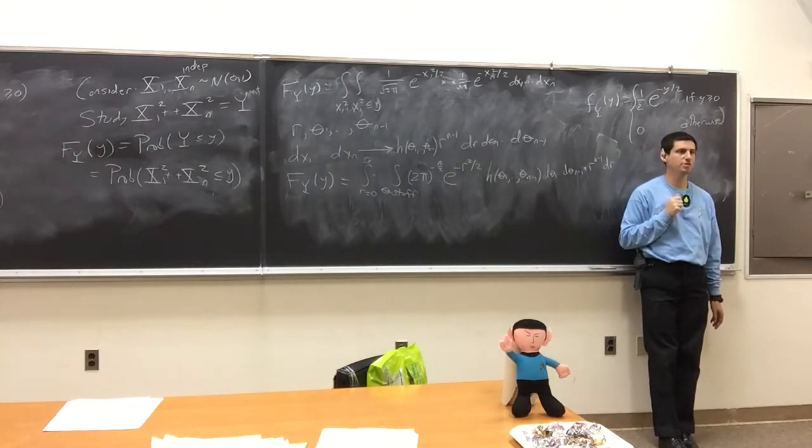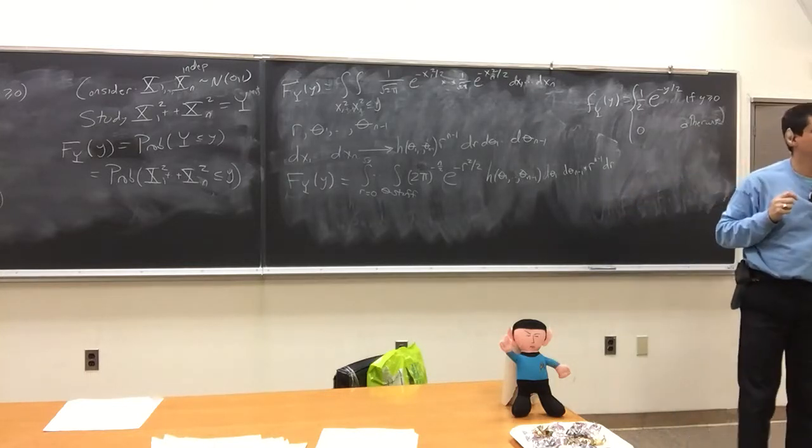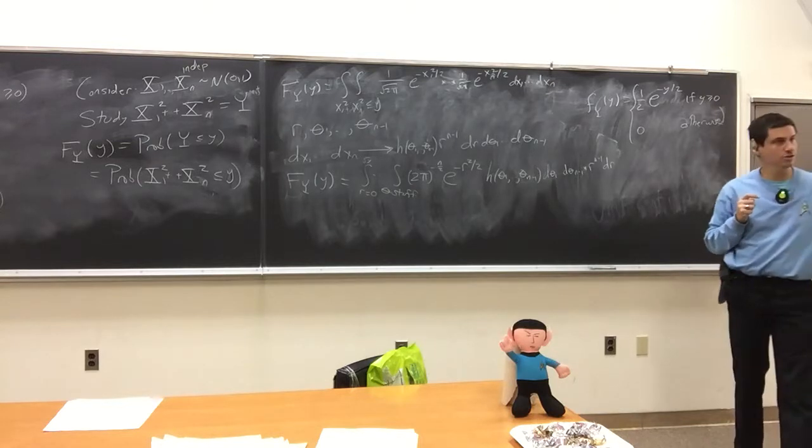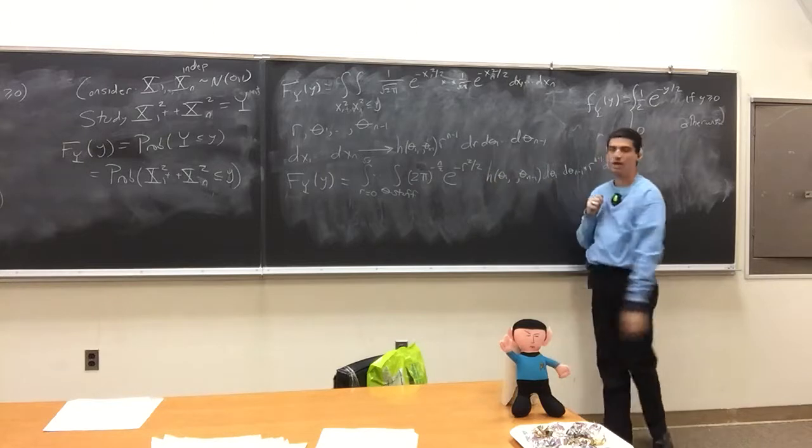Would you rather do the r integral or the theta integrals? I'm sorry? I can't hear you. It's the first one, the r integral? Okay. This is in fact almost the same as what we had before.